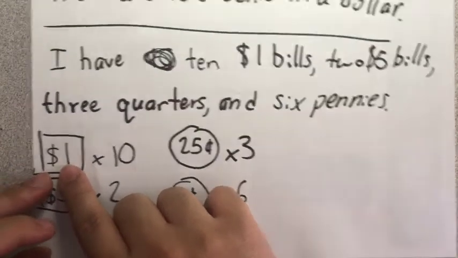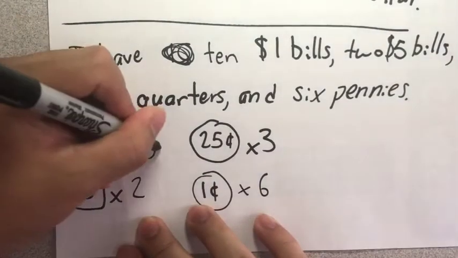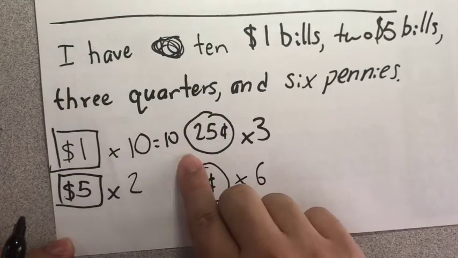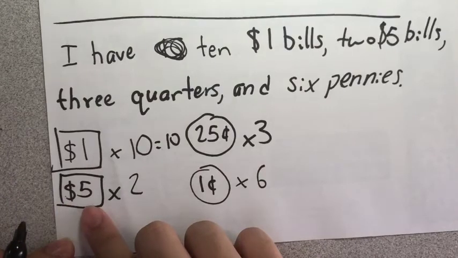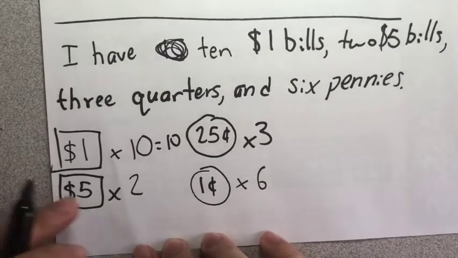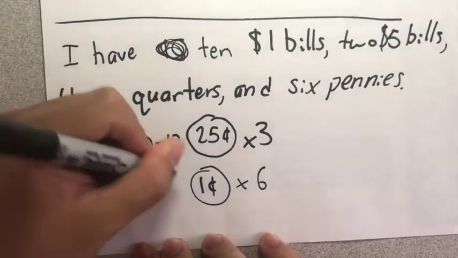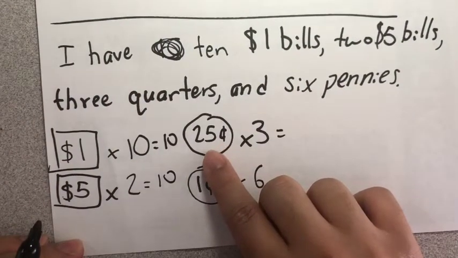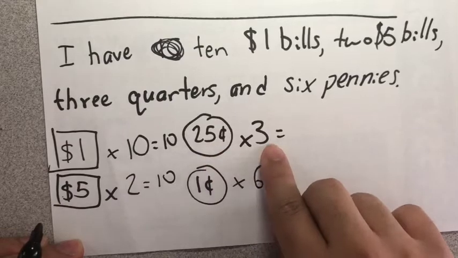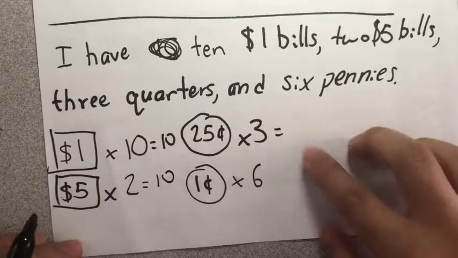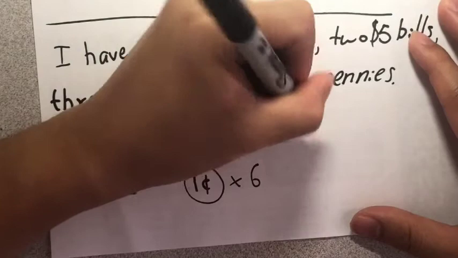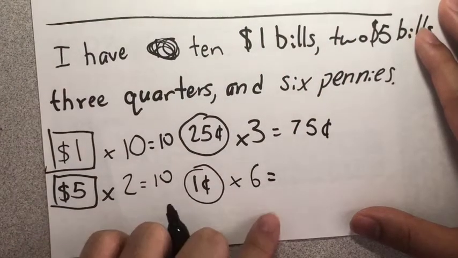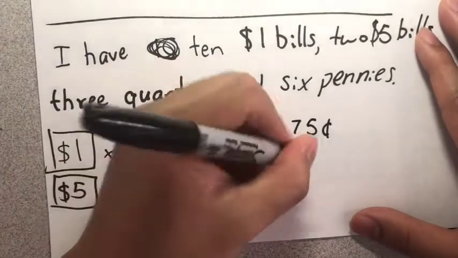All right. This is my $1 bill, and I have 10 of them. So I have $10. 1 times 10 equals 10. My $5 bills, I have 2 of them. 5 times 2 equals 10. My quarters are worth 25 cents. I have 3 quarters. 25 times 3 equals 75 cents. And my pennies, I have 6 pennies. 1 times 6 equals 6.